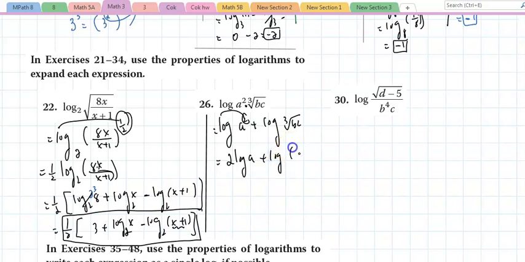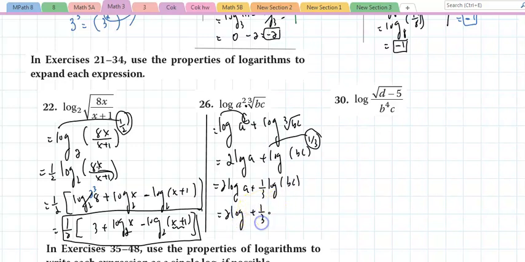I'm going to have to write the bc as a 1/3 power. I can move that power up front. And last thing I have to do is say that's 1/3 times log of two things multiplied. Isn't that the log of b plus the log of c?